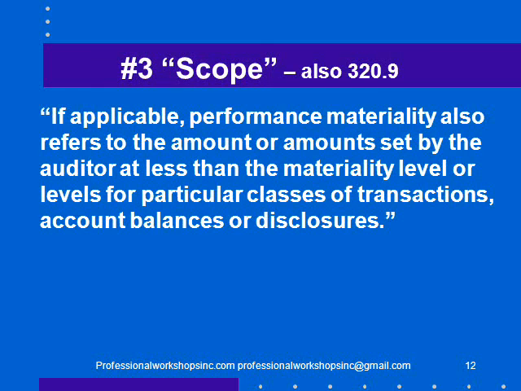Third kind of materiality. If applicable, performance materiality also refers to the amount or amounts set by the auditor at less than the materiality level or levels for particular classes of transactions, account balances, or disclosures. So, for a particular class of transaction, for a disclosure, for an account balance, we might have an even lower level of performance materiality.